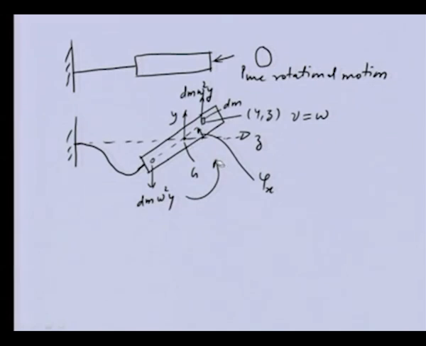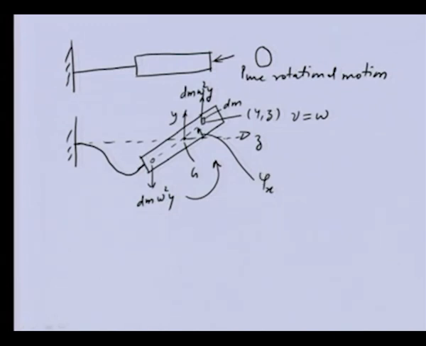So, it is opposite to the previous case. In the thin disc, this kind of moment due to the centrifugal force was trying to reduce this angular displacement, but in this particular case for the long stick, this moment is trying to tilt more and more toward the angular displacement direction.